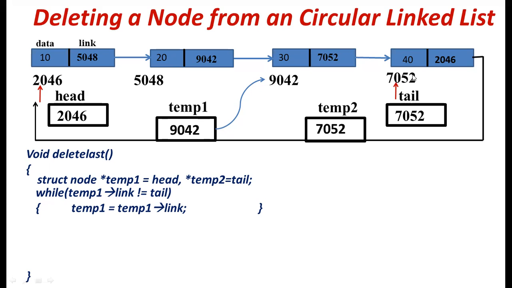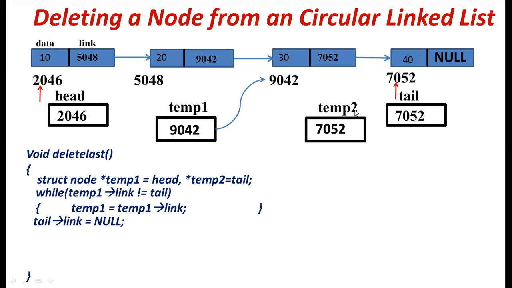Now we have to delete this particular node. For that, we have to bring our tail to this location. What is the address of that location? 9042. So 9042 needs to be in the tail's place. What is that? Temp1. Here in the tail link value, we are placing the null value. So this connection is gone.